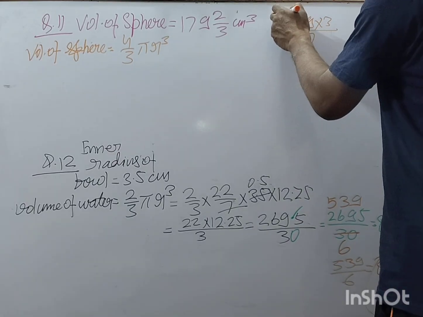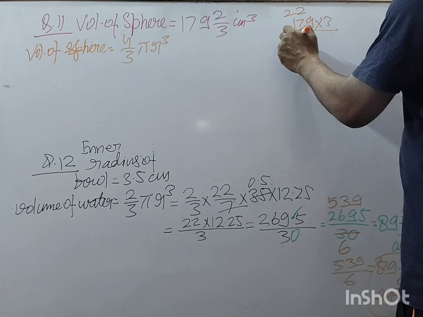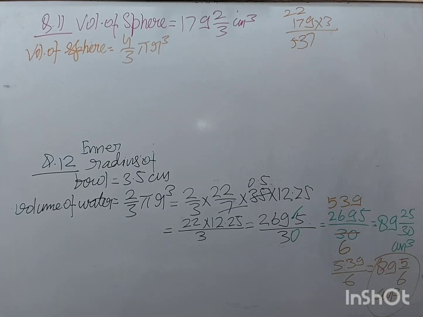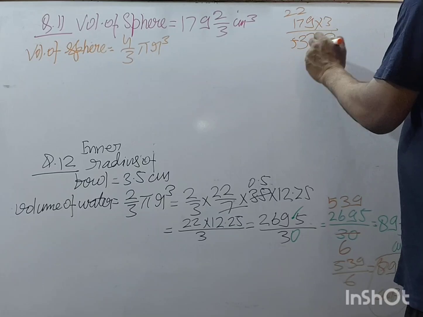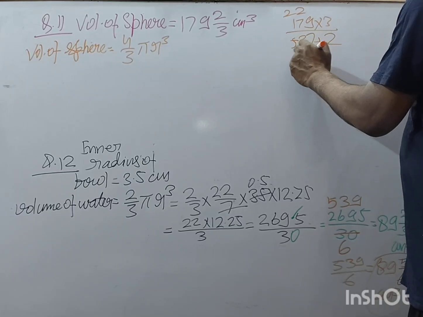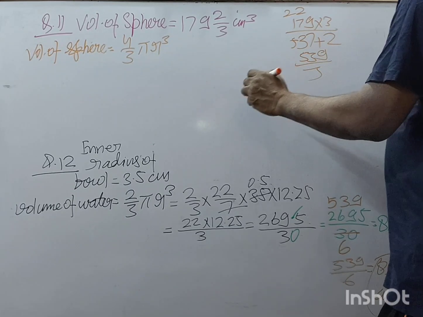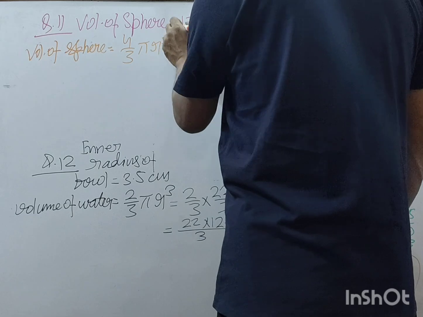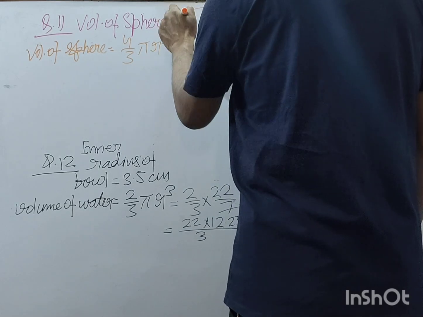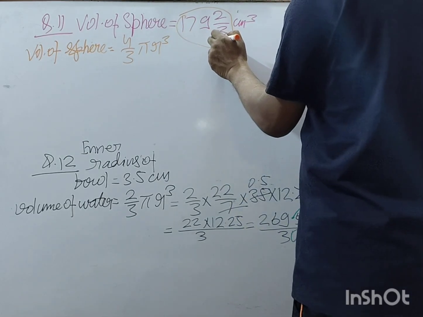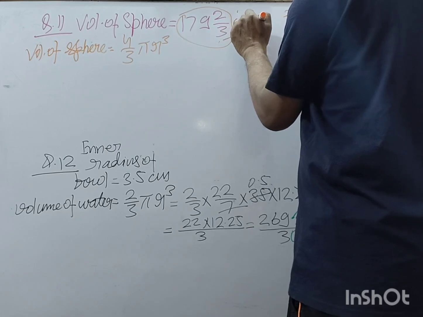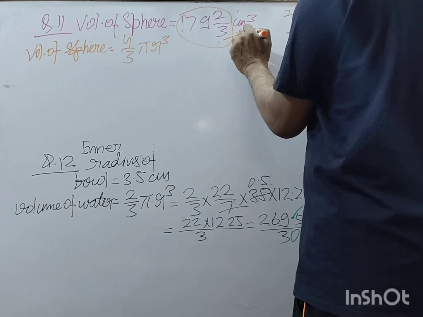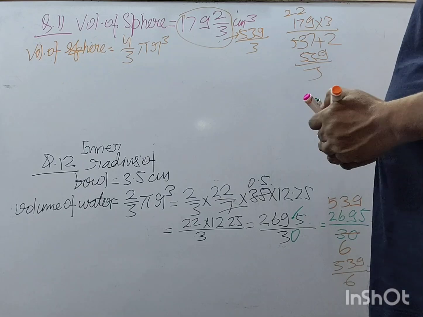We get 2, 1, 5. Right? 537 plus 2 becomes 539 by 3. So it will be 539 by 3. Okay.